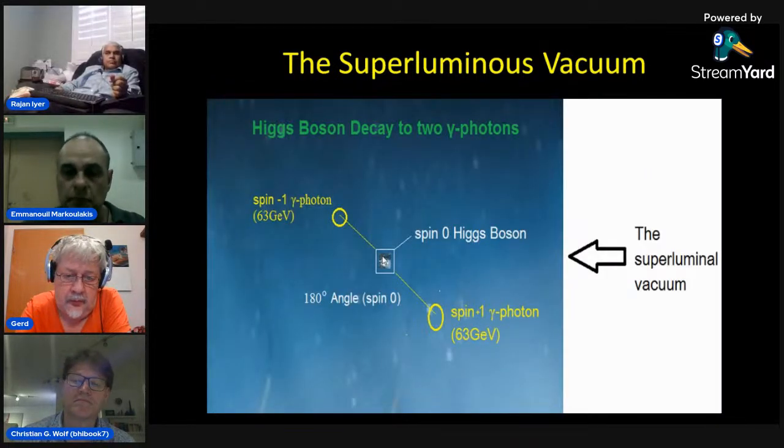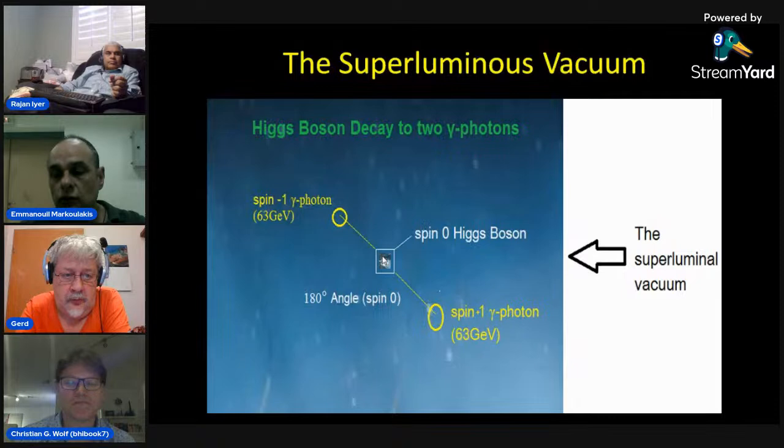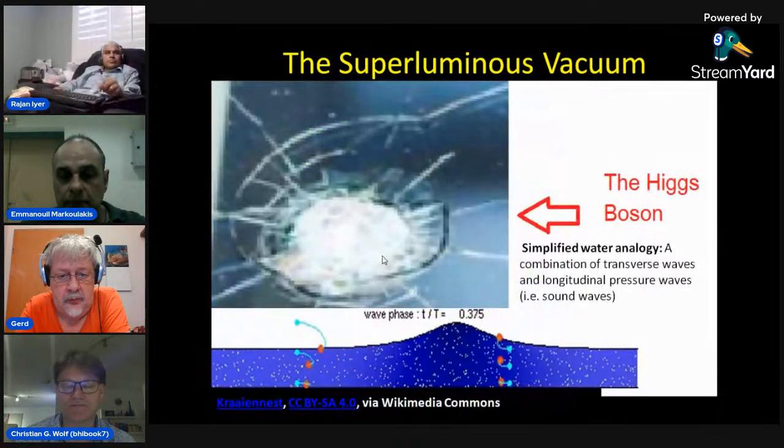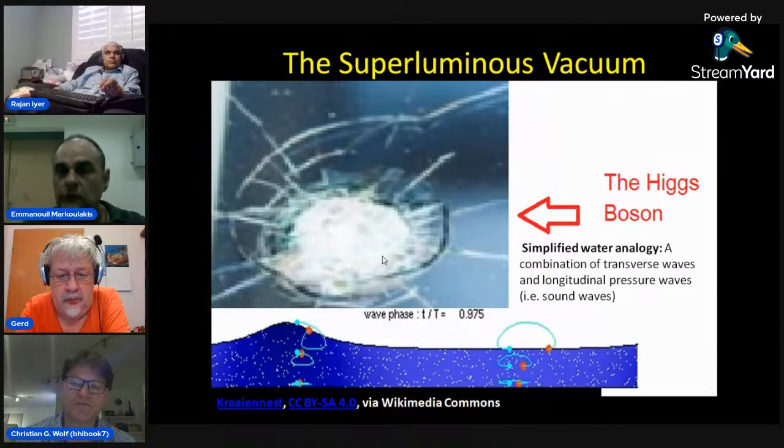It's real, of course, but it's just a scalar, because the Higgs boson is the only scalar static elementary particle in the standard model. And this ties in very nicely with what we are saying here.